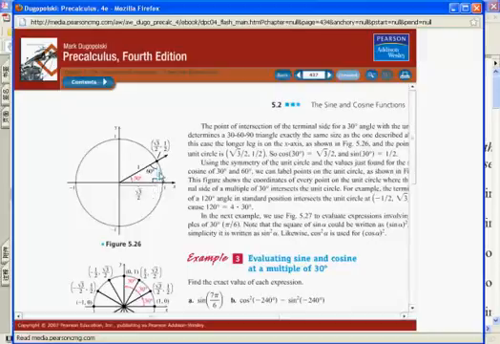As in the previous example, we know the length of this leg is just equal to half the length of the hypotenuse. The length of the hypotenuse is equal to 1, so this is equal to 1/2. That means this time the y-coordinate of the point of intersection is equal to 1/2.